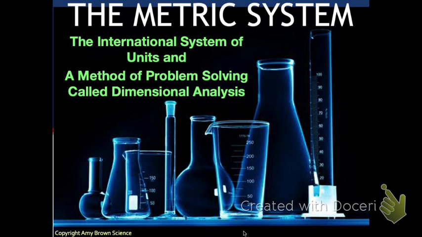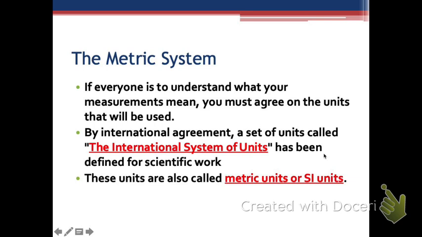The reason we learn the metric system in our science classes is because science uses the metric system so that we have a universal way to report our findings. Okay? If everyone is to understand what your measurements mean, you have to agree on the units, right?